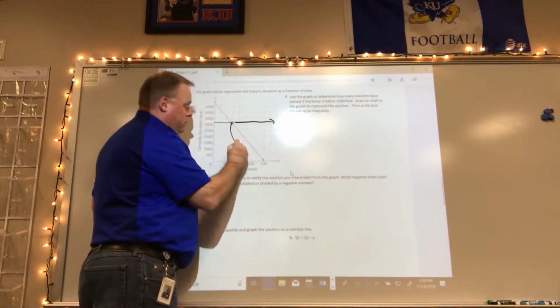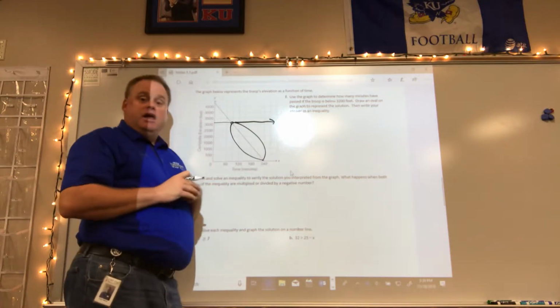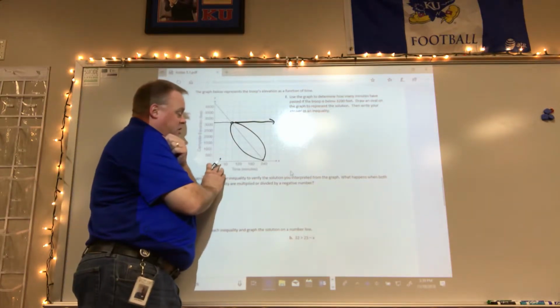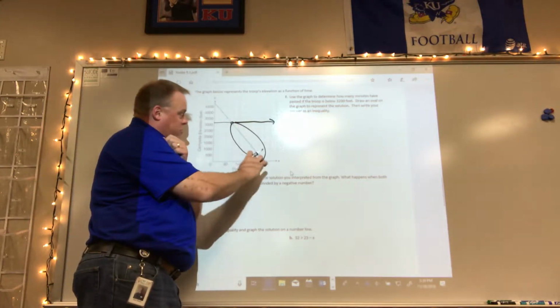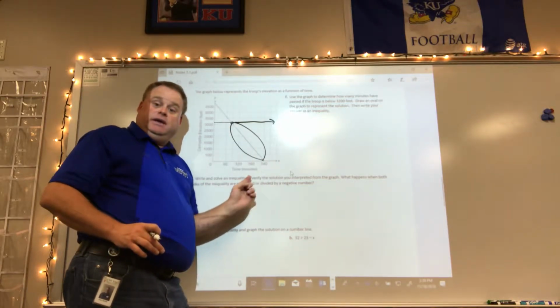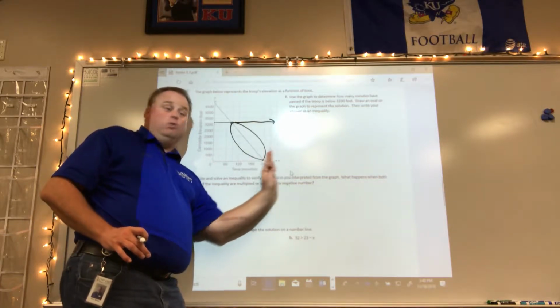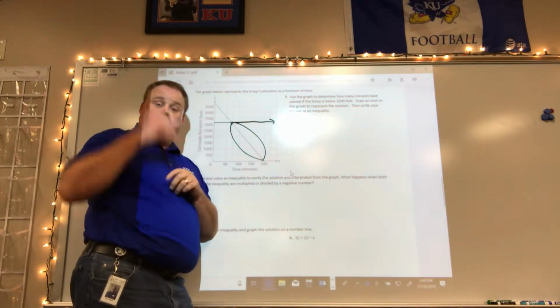So they want the oval to be right there. Okay? And all that represents on the x-axis is that everything included is a possible time to be below 3,200 feet.